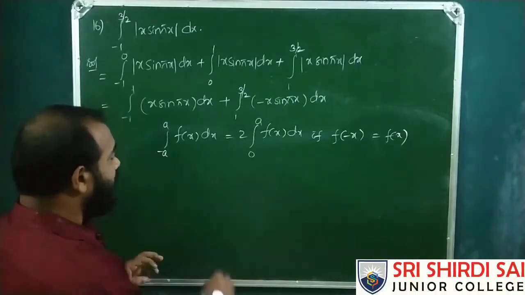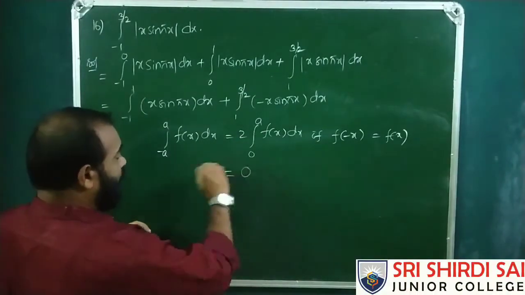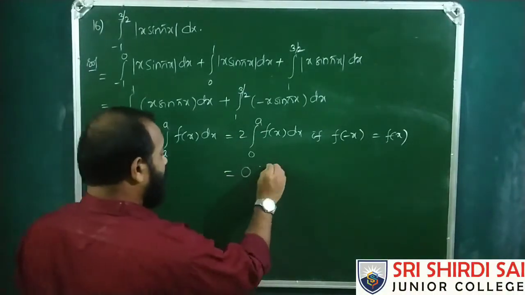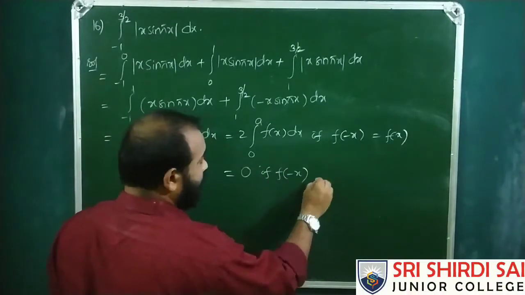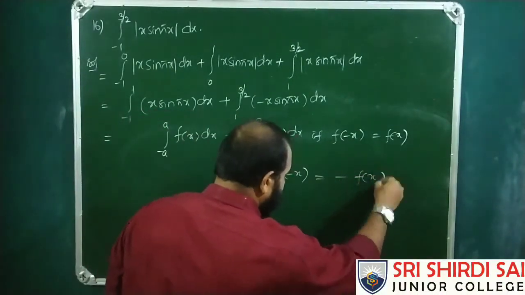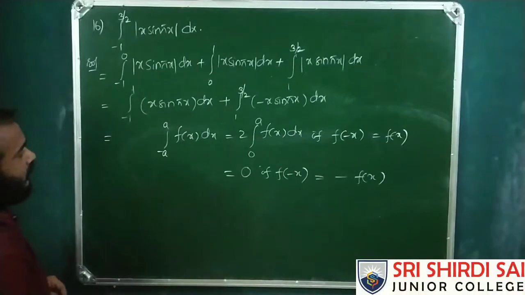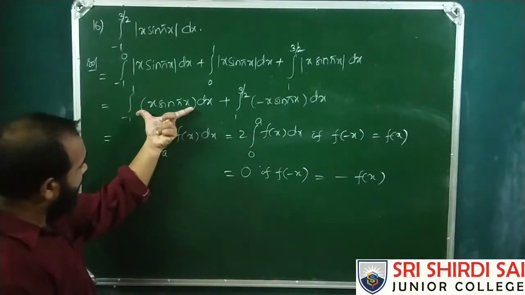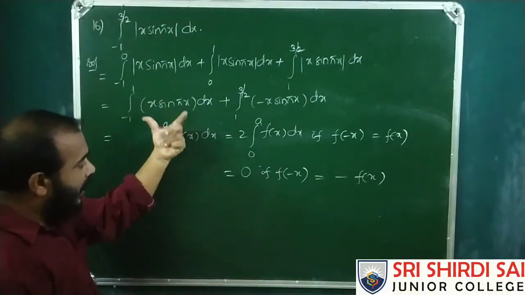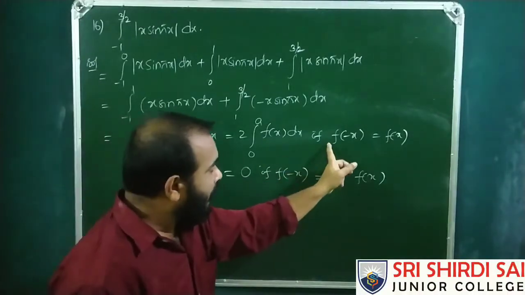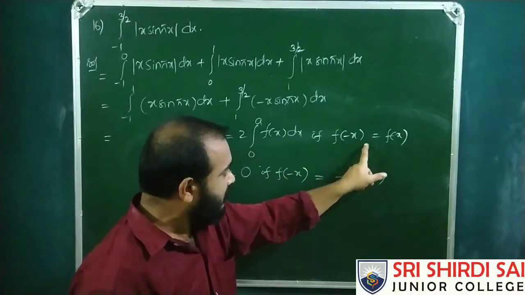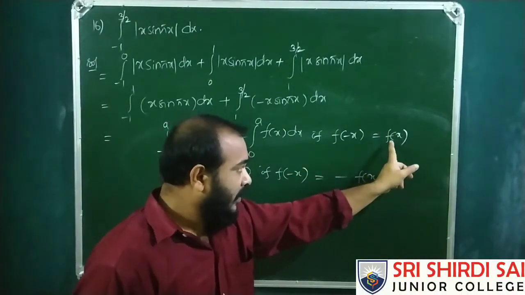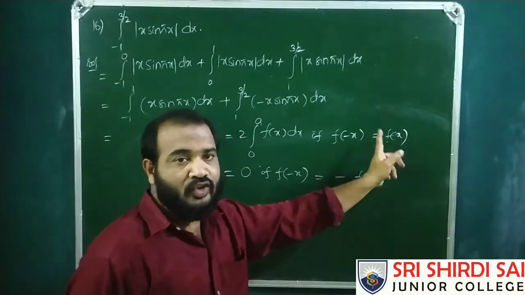The same integral is going to be 0 if f of minus x equals minus f of x. So let us examine first. Let us take f of x to be this, and on substitution of minus x, let us check whether we are getting f of x or not.